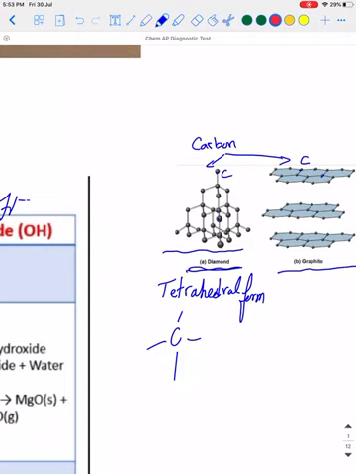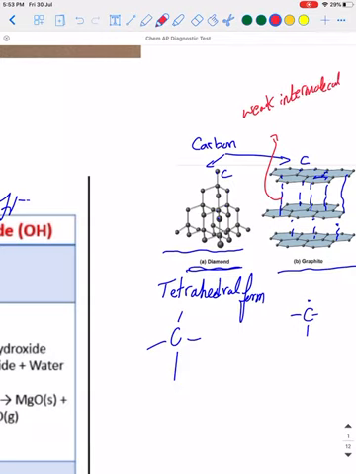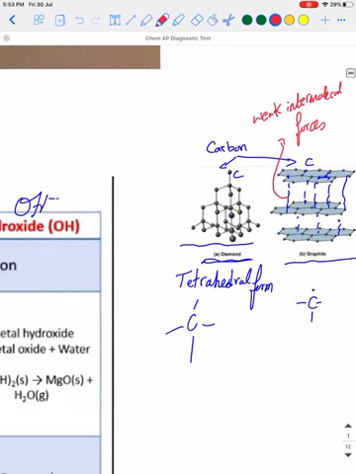Alternatively, in graphite, we see the carbon connected to 3 carbons: 1, 2, 3. So each carbon is only connected to 3 carbons. There is a free electron, and it makes plates in the graphite. Between the plates there exist weak intermolecular forces, which make them slide over each other.